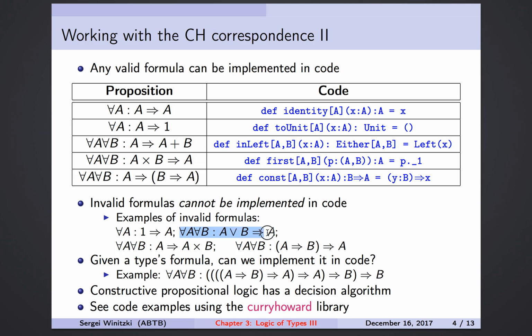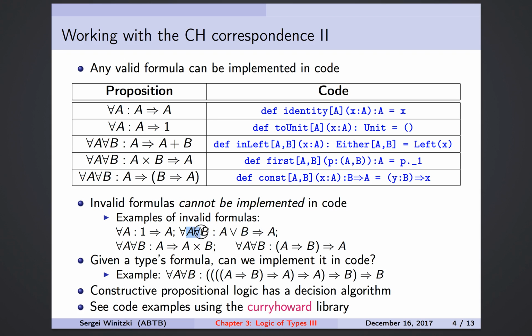Another example of a non-valid, non-theorem formula. I just want to be sure that you understand invalid not in the sense of syntax. The syntax here is correct. It is not a theorem. It is a false statement.